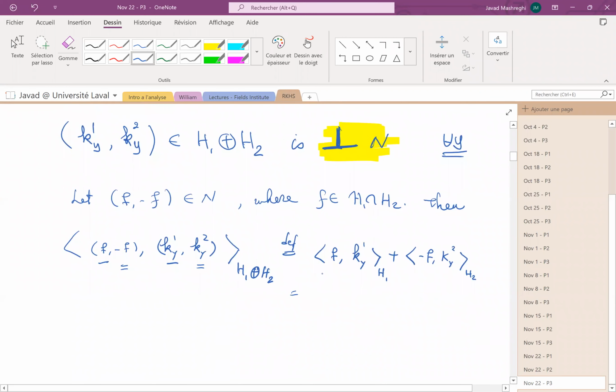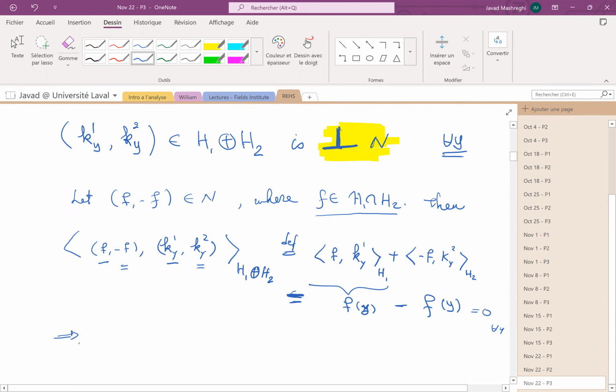And now use the fact that f is in both H1 and H2, and that's the kernel function. So this is f evaluated at point y in the space H1, but it's a complex number f(y). And for the second it is minus f(y), but in H2. But at the end of the day, we have f(y) minus f(y), which is 0 for any y.